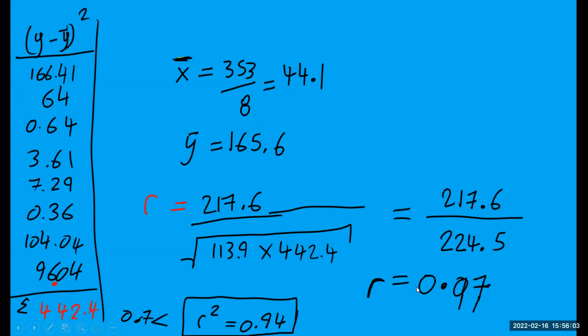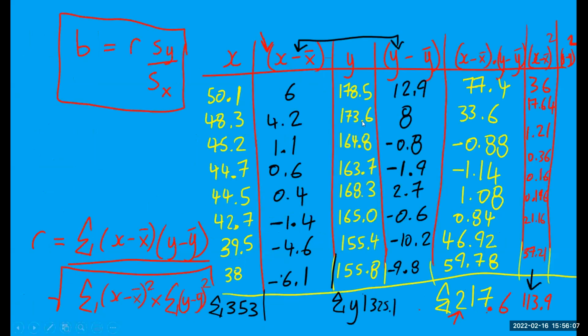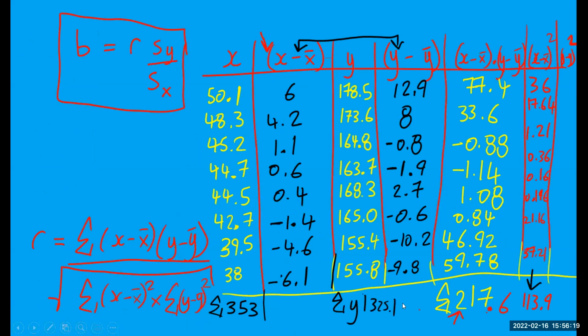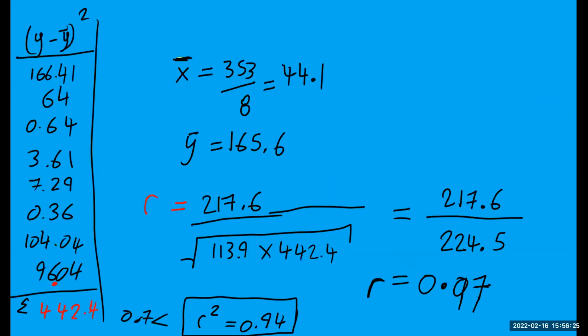All right. So what this is saying is both variables are increasing at the same time. So when X increases, Y increases as well. So here, the bigger the femur, the taller the height. So positive correlation. Now that we have R, we need to find the standard deviation of Y and divide it by the standard deviation of X. Now, you would have remembered we did the standard deviation formula.